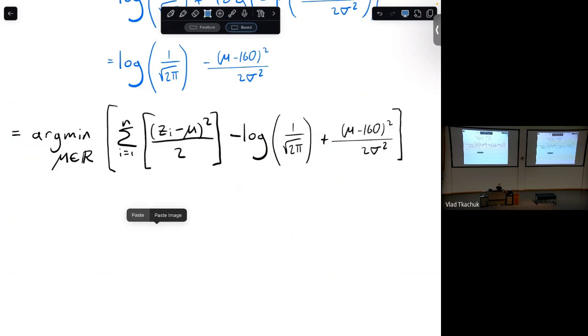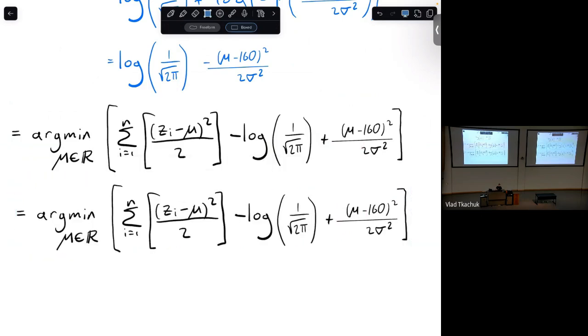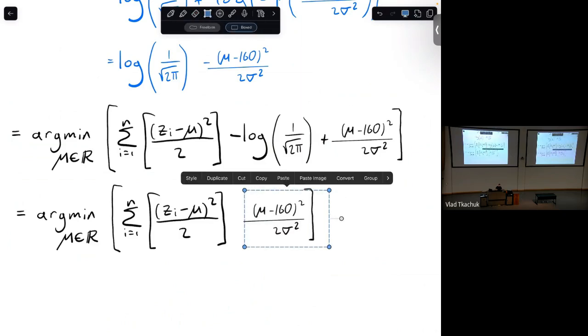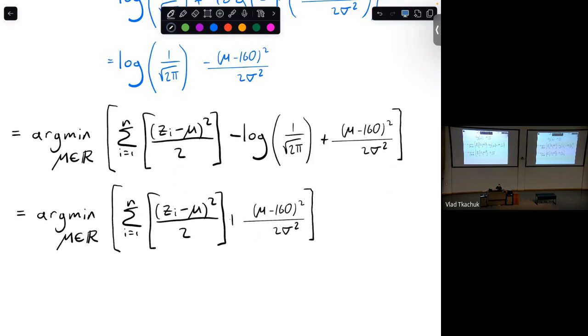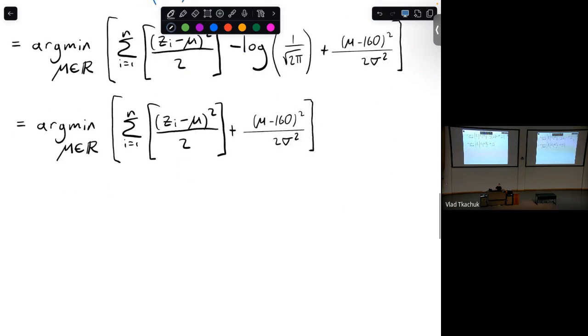And we're almost there, because now we are left with this. And we're just going to solve for the closed form solution for this. We're just going to take the derivatives and set it to 0. Okay.